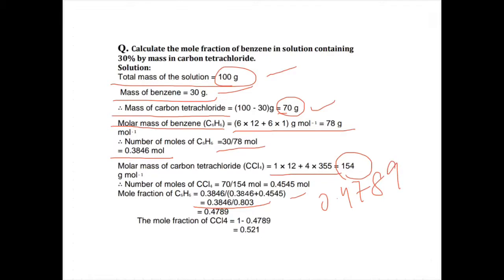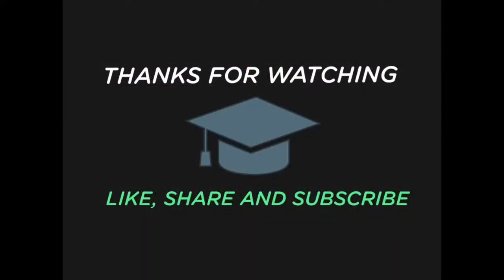Now we can easily calculate the mole fraction of carbon tetrachloride by simply subtracting the mole fraction of benzene from 1, that is 1 minus 0.4789, which is equal to 0.521. Therefore the mole fraction of benzene is 0.4789 and that of CCl4, carbon tetrachloride, is 0.521.